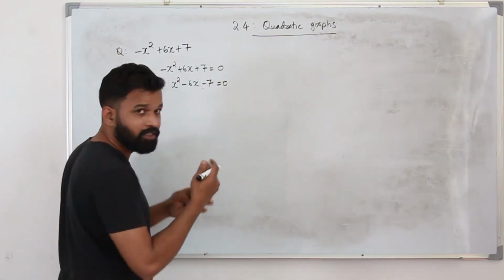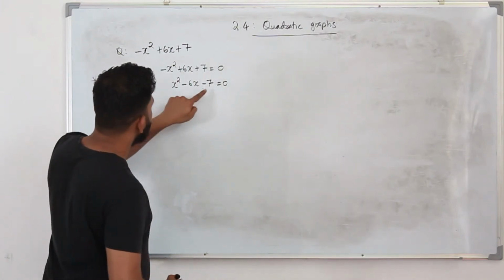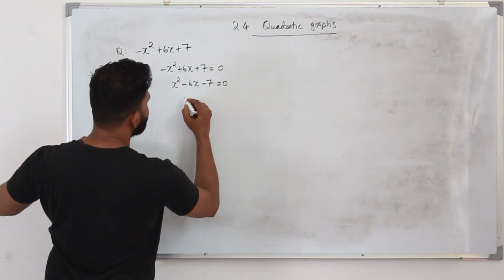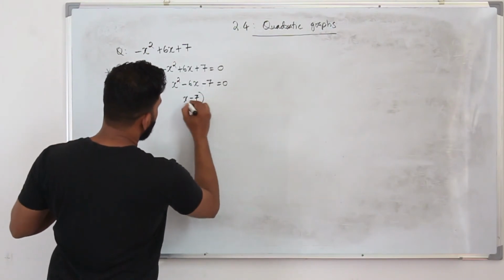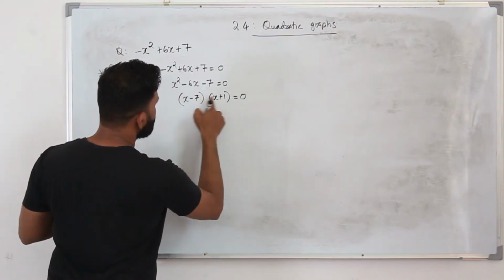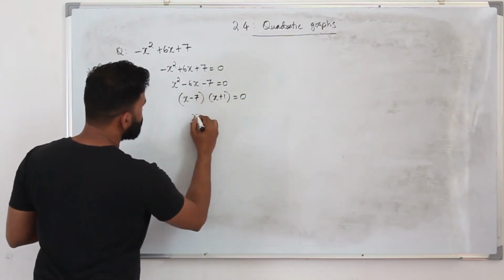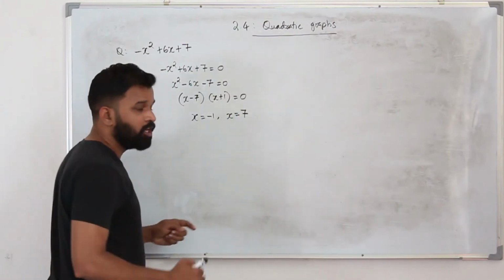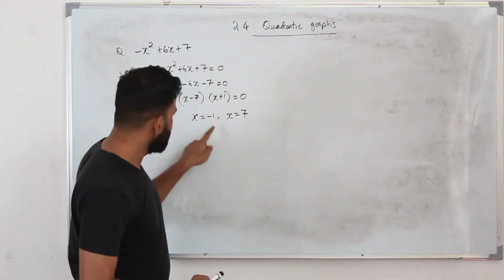So easy to solve. Take minus 7 and positive 1: when you multiply you get minus 7, when you add you get minus 6. So your solution is x is minus 1 and x is 7. You got 2 solutions already.